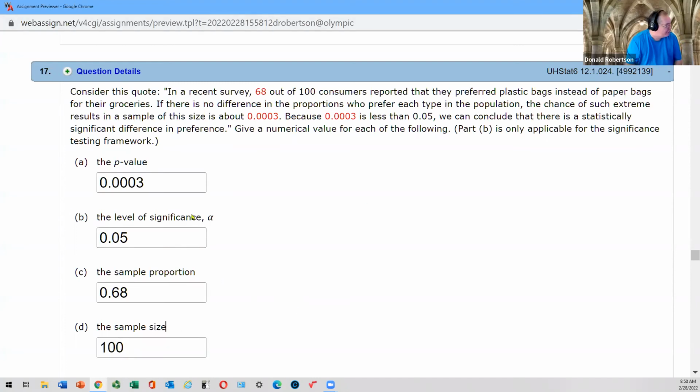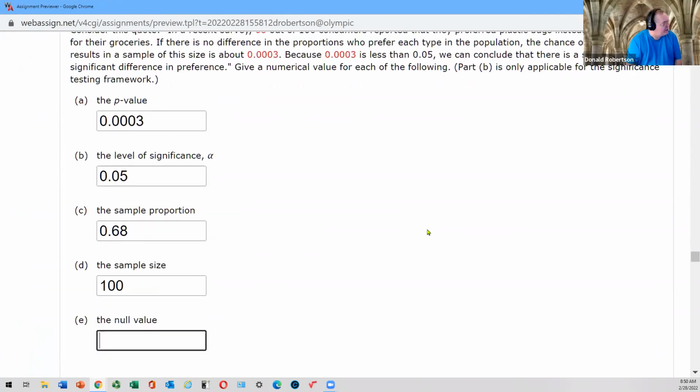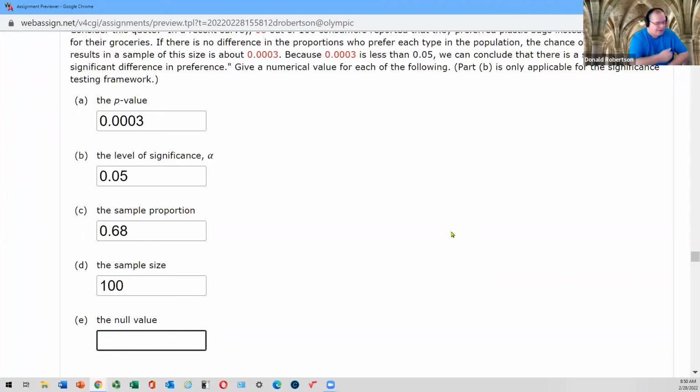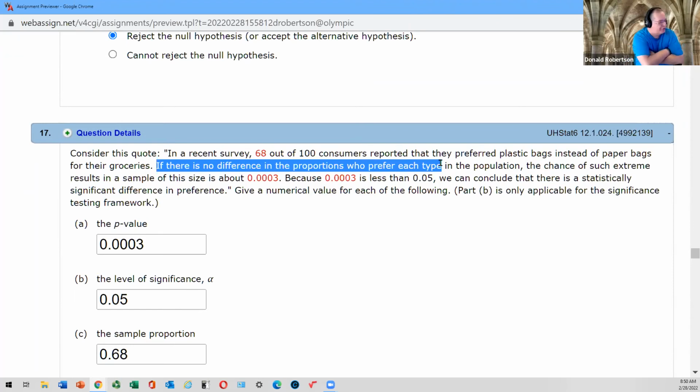So when you read a story, oh, I forgot, I didn't realize there was an E. There is a null value here. That's well hidden. Right, the null value is H naught, P equals something. Now they phrased it something like this. There is no difference in what you like, paper or plastic.